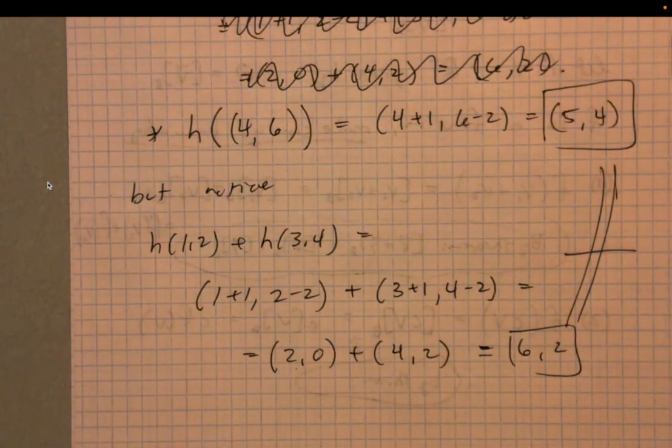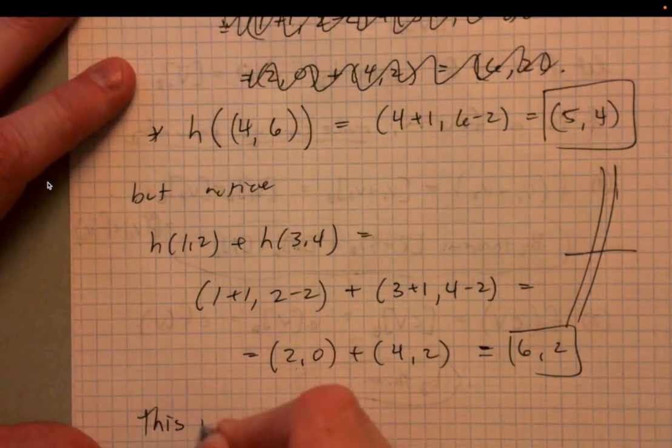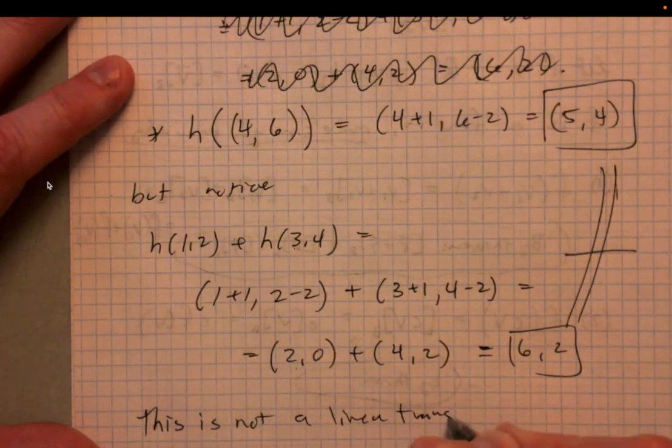And you could similarly show that scalar multiplication is broken for this function as well. And so because of those reasons, this is not a linear transformation.